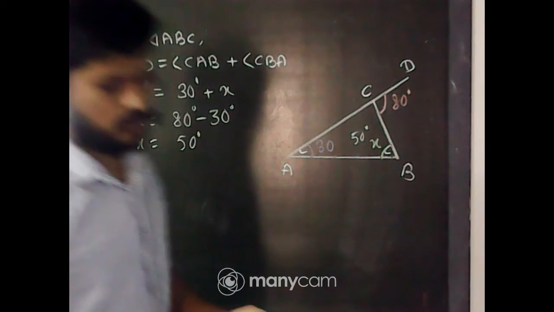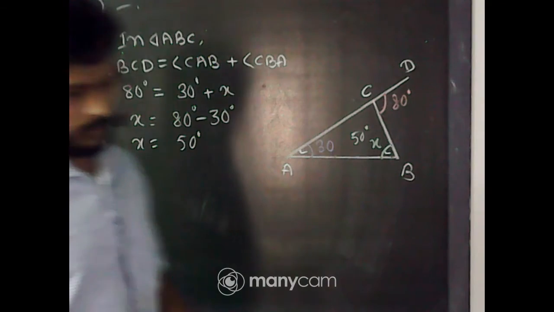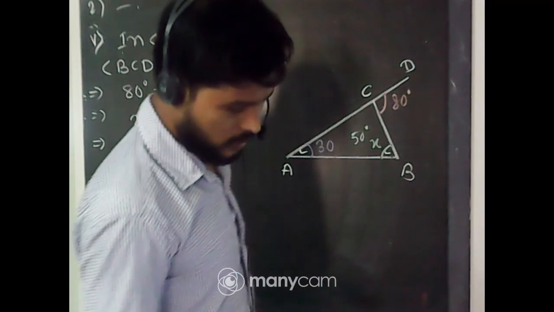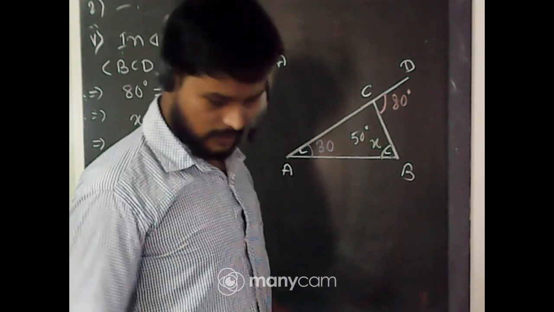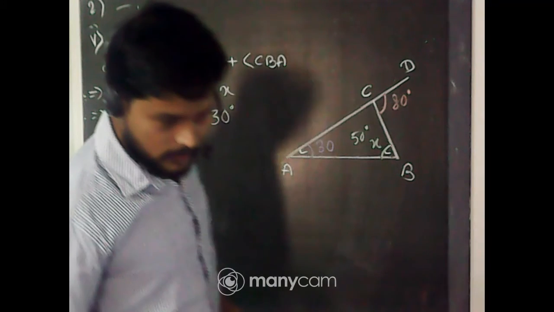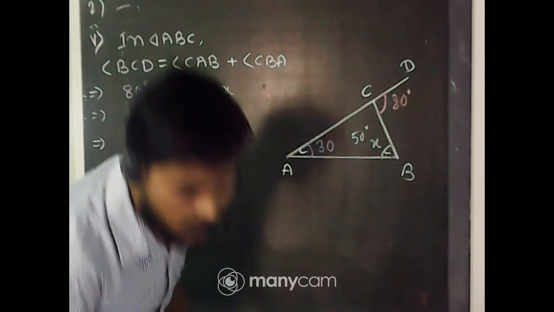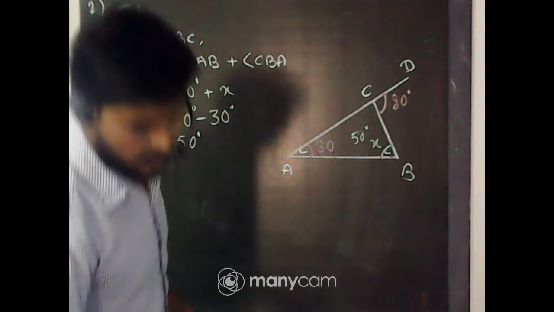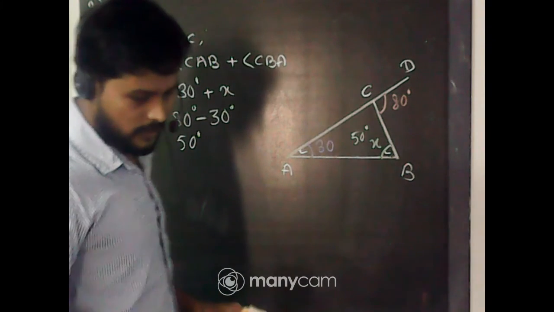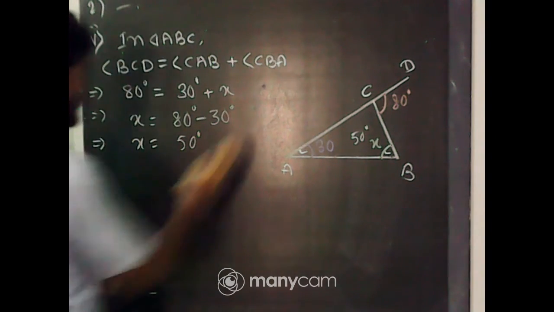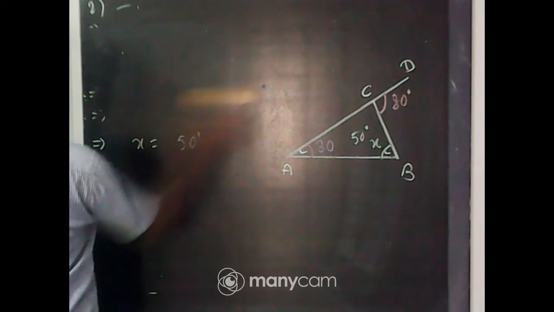Okay, so finally we are very close to the last question, the finishing of this exercise. There is only one question left, that is the last question, question number 6. Let's draw the diagram. The diagram is like that.